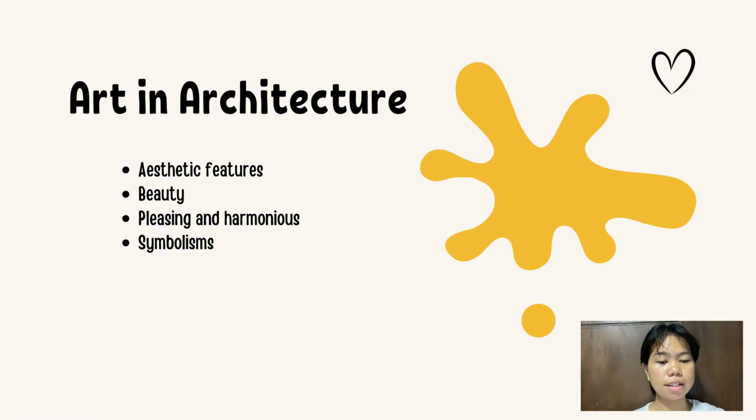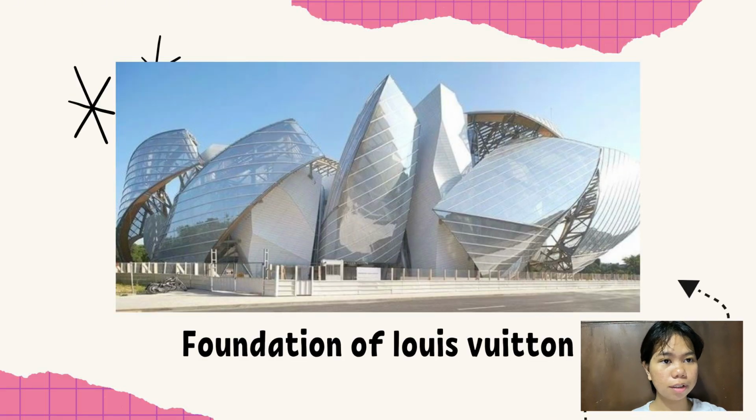The first is the Foundation Louis Vuitton, which is located in Paris, France, and it is designed by architect Frank Gehry. It was constructed in 2014, and according to its architect, it is an assembly of blocks referred to as an ice block.